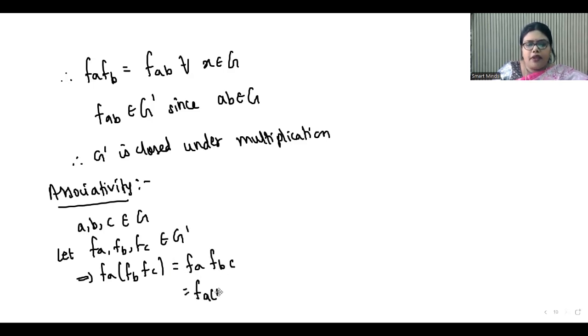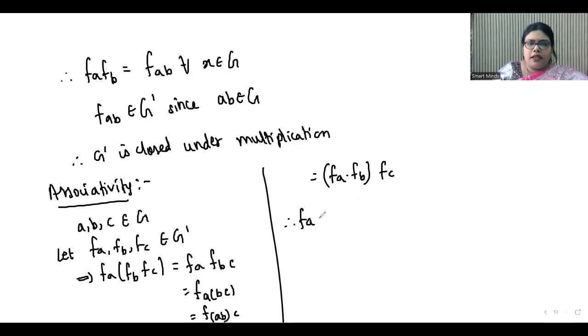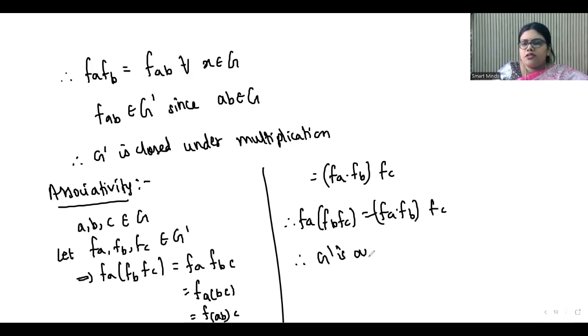That is FA into BC. That is equal to FABC. That is equal to FAB into FC. That is equal to FA into FB, outside we can write FC. Therefore, you can say FA into FBFC is equal to FAFB into FC. Therefore, G dash is associative.